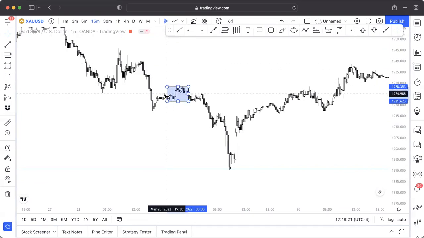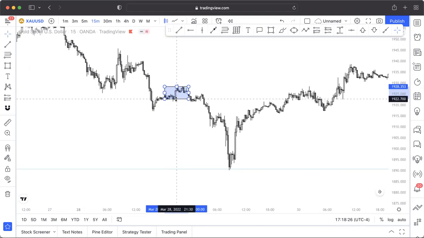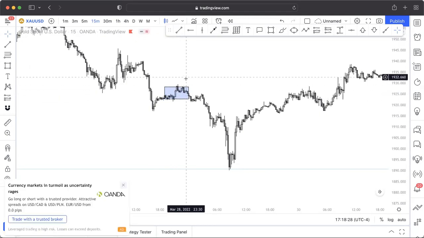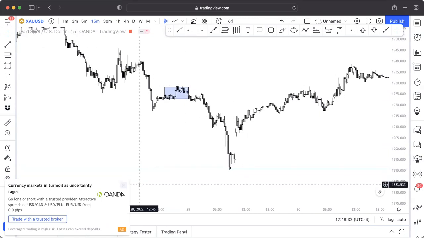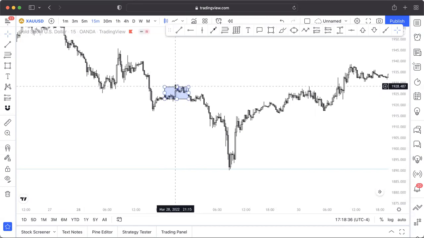This is the range you want to look at. And obviously it's pretty clear that we know exactly that if the Asia range is not swept on the top, you could view that as a liquidity.